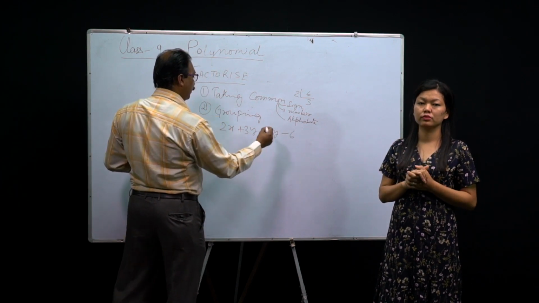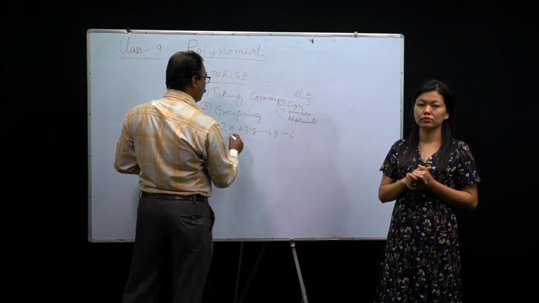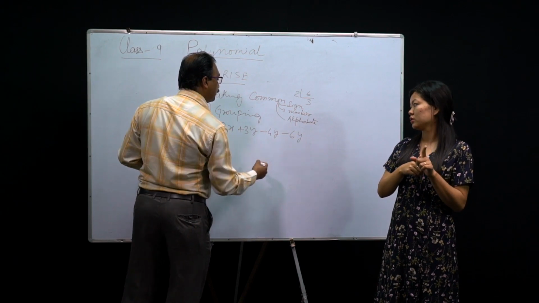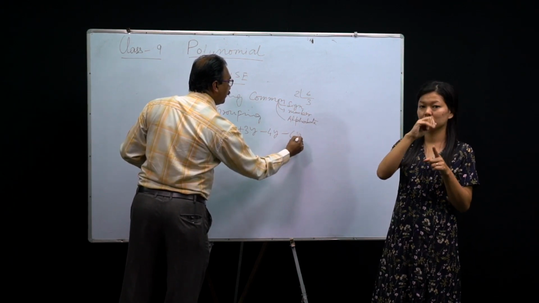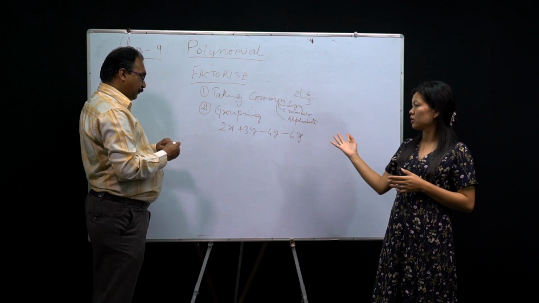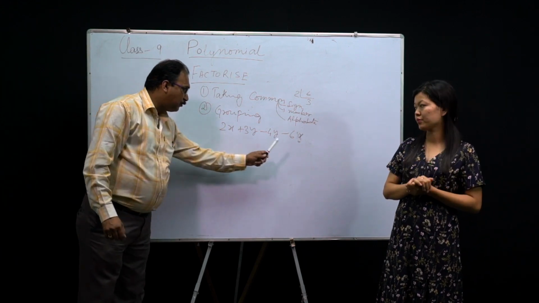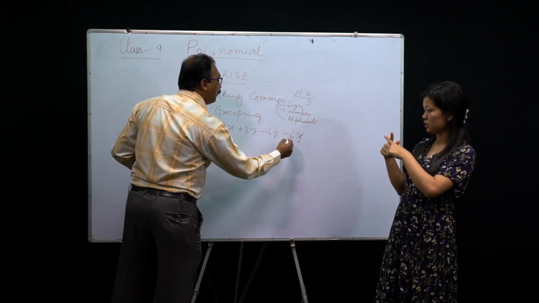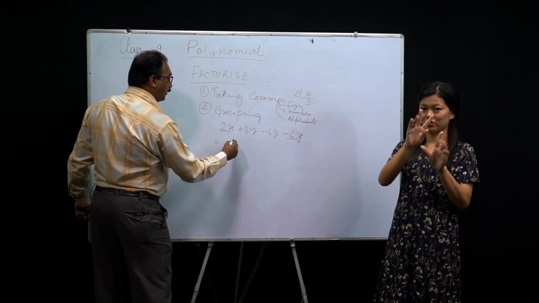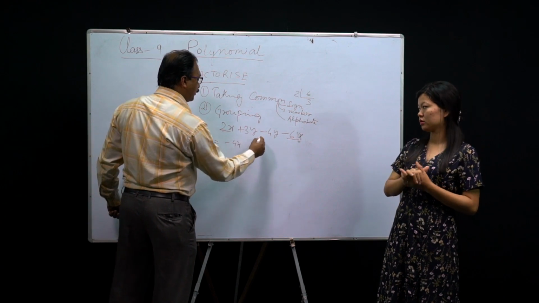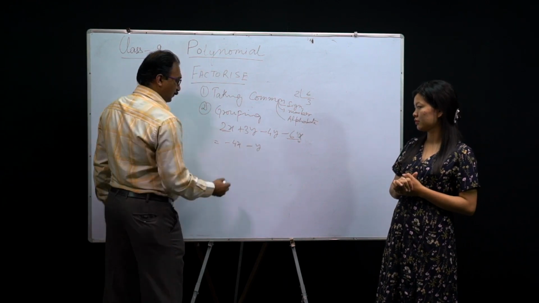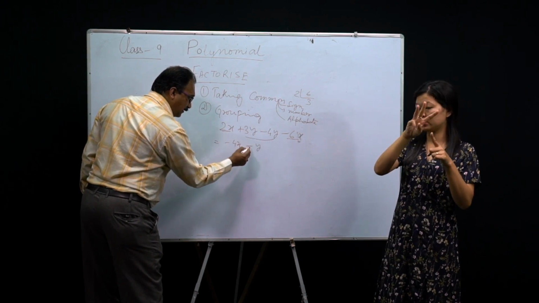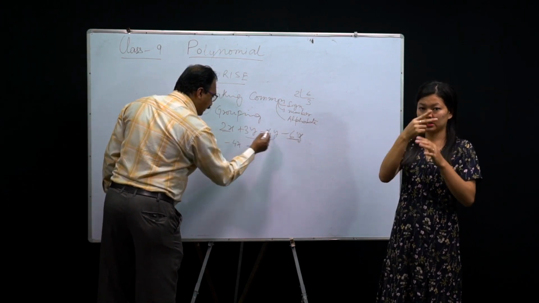Now we have to make them into groups. The x terms can be grouped: 2x minus 6x. And the y terms: 3y minus 4y, which is minus y, since the signs are different, you subtract and take the sign of the bigger one.